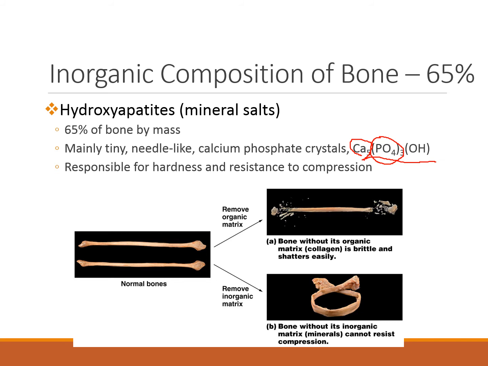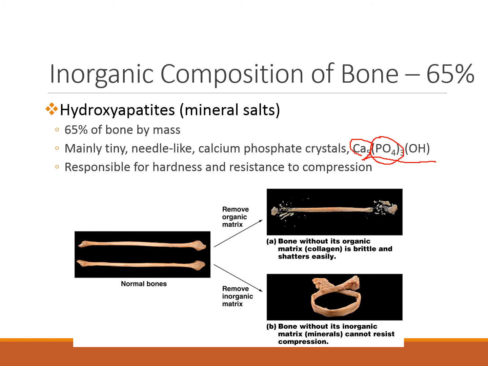Hydroxyapatites are responsible for the hardness of bones, and in part, its resistance to compression. So when you look at a documentary and you see an archaeologist or other scientist picking up a bone, or a historian holding someone's bone, you're mostly looking at the hydroxyapatites that are remaining after the organic material has decayed away.